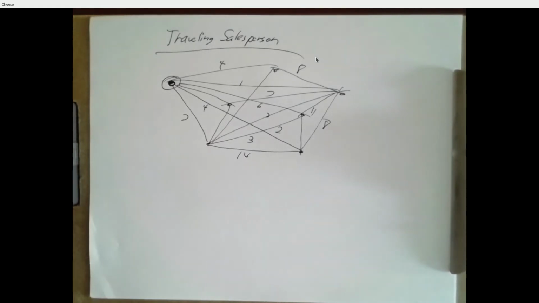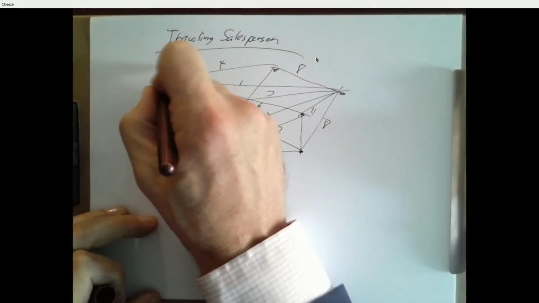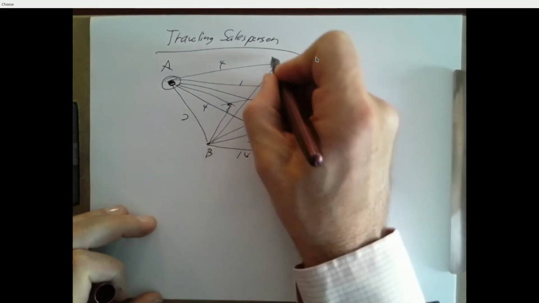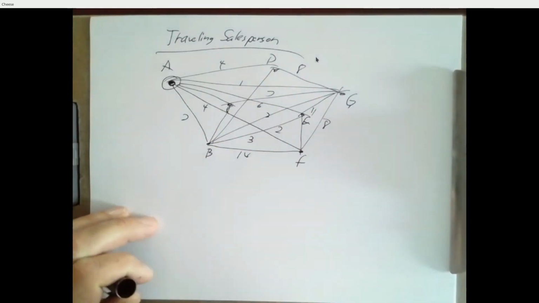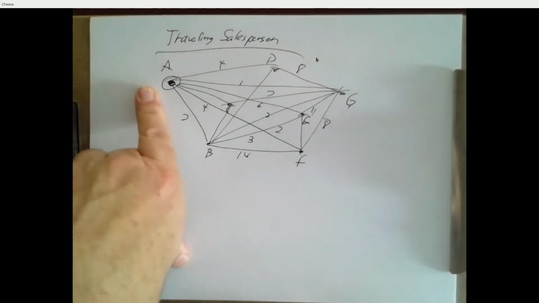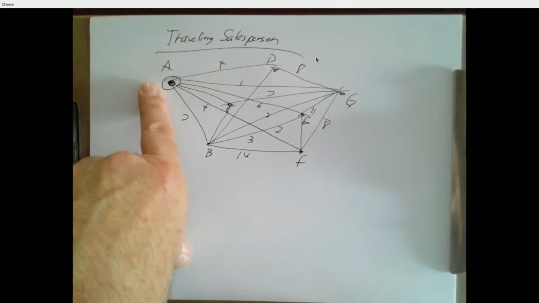And it turns out it's a really simple algorithm to write if you don't worry too much about efficiency. Because from this, let me label some of these cities: A, B, C, D, E, F, G. So from city A, I have exactly 6 choices.